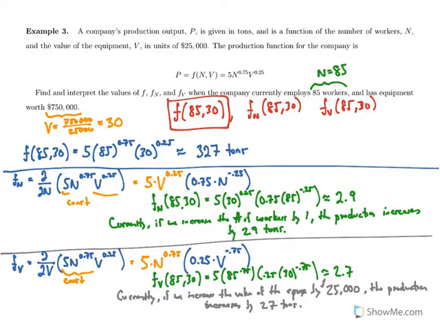So note that that $25,000 is because 1 unit of V is 25,000.